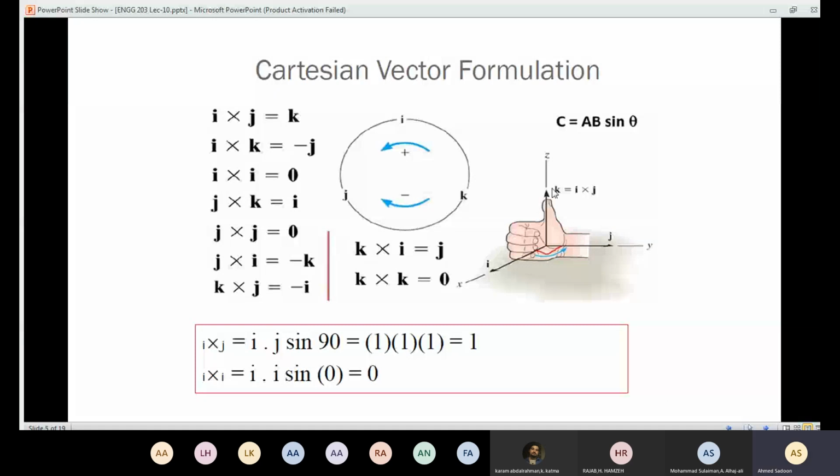So if you are moving from K to I, then the cross product is going to yield J. If you are going to move from I to K, you are going to get minus J. So how am I going to differentiate between those?